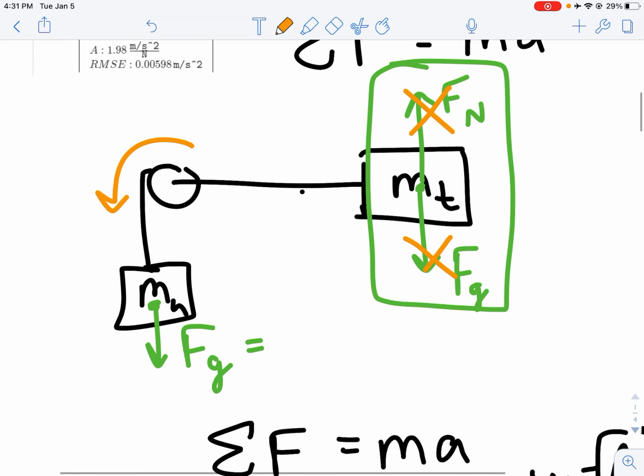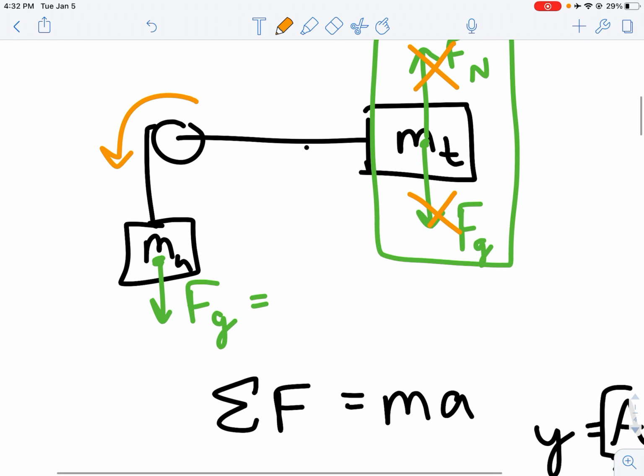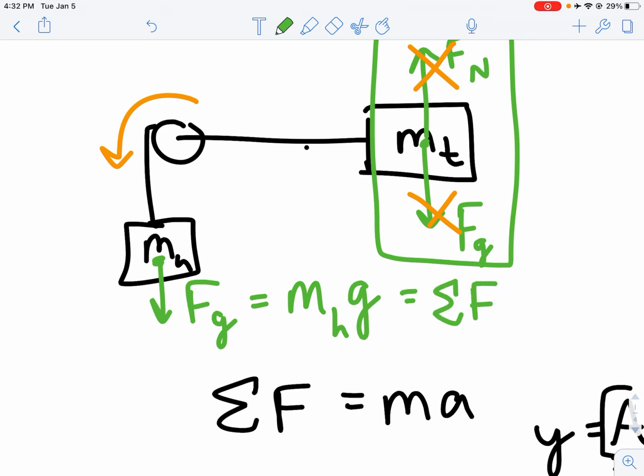The only force that is, is this guy down here, the hanging mass force. So the hanging mass times gravity, mg, that essentially is our net force because it's the only force, right? We don't have to add it with any other forces.